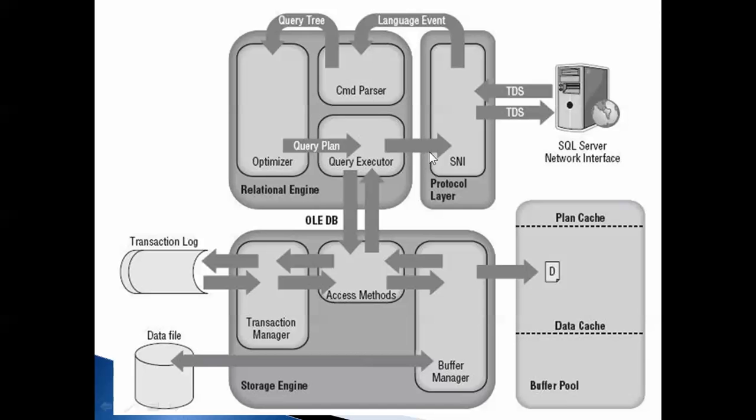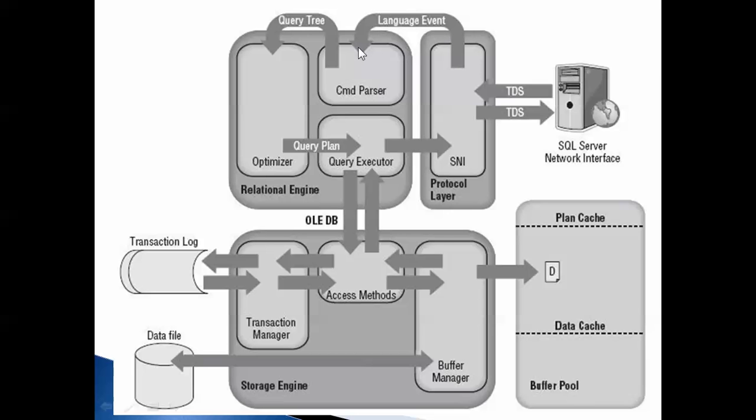Now here is a very short and simple way to understand the query movement in an instance. Let's say this is your client who is going to pass on the query. The query from the client comes to the protocol layer, which is responsible for cross-checking the protocol. From the protocol layer, it goes with the help of different languages.